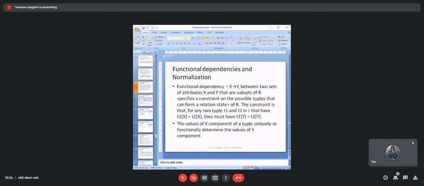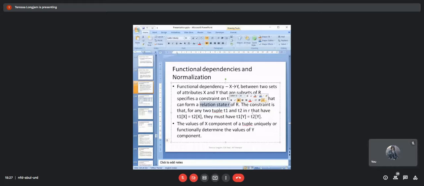Okay. So what it means is the constraint. The constraint is that for any tuples T1 and T2 in r, where r is a relational set, you can see it is a set.